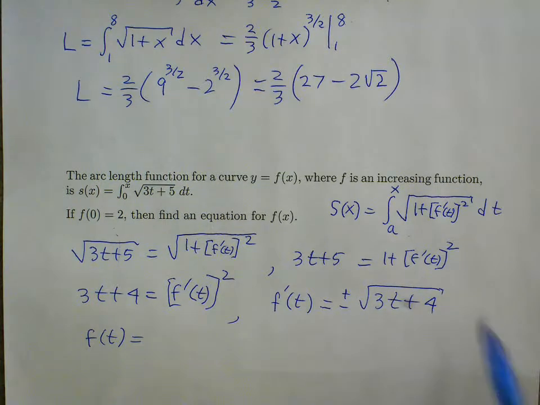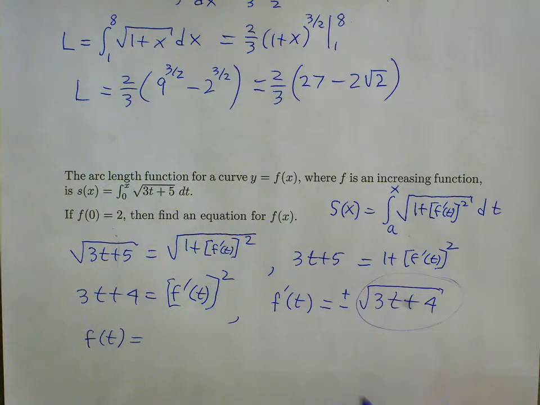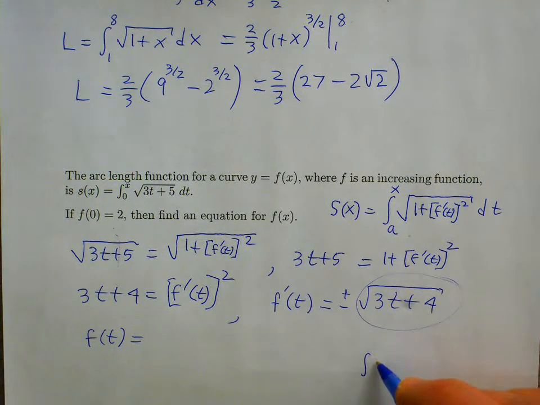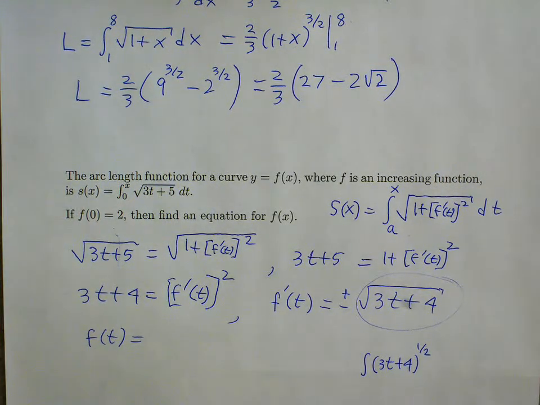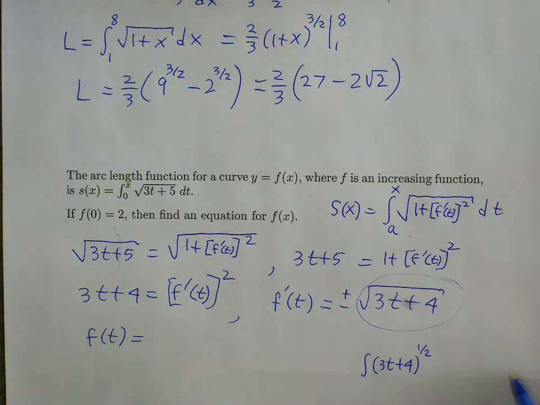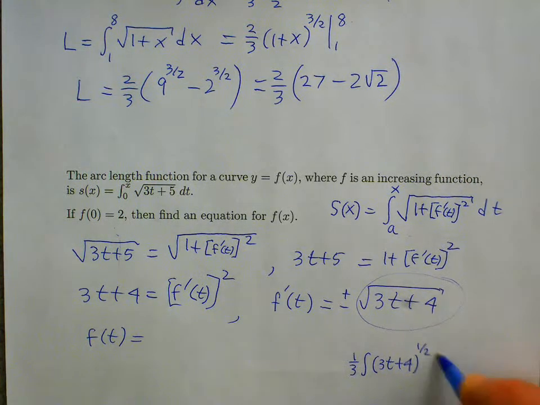Okay, so if we look at that in isolation, just think about what we would do to find an antiderivative of the square root of 3t plus 4. So I'll write it as 3t plus 4 to the 1/2 dt, but I want 3 dt. So I put a 3 dt and compensate for the factor 3 by multiplying by 1/3, right?